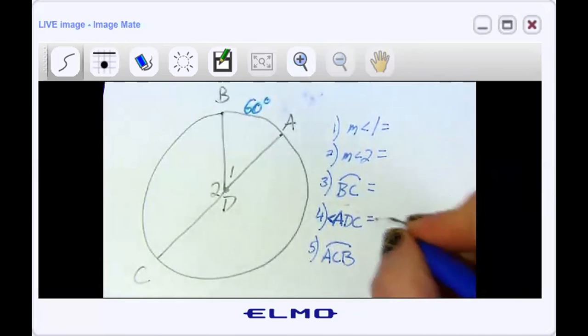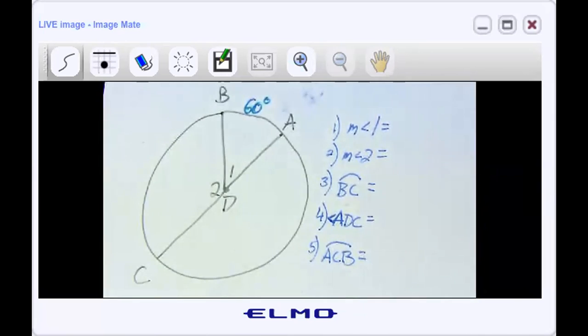All right, see if you can find me those 5 things, given just that one little bit of information that I already gave you. I'll give you not a ton of time.